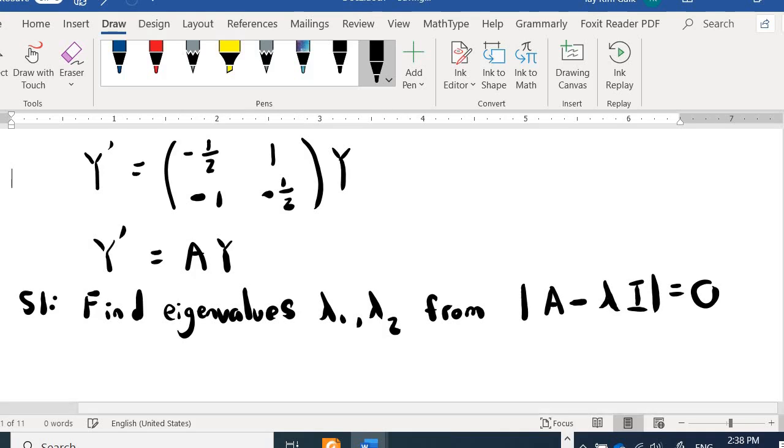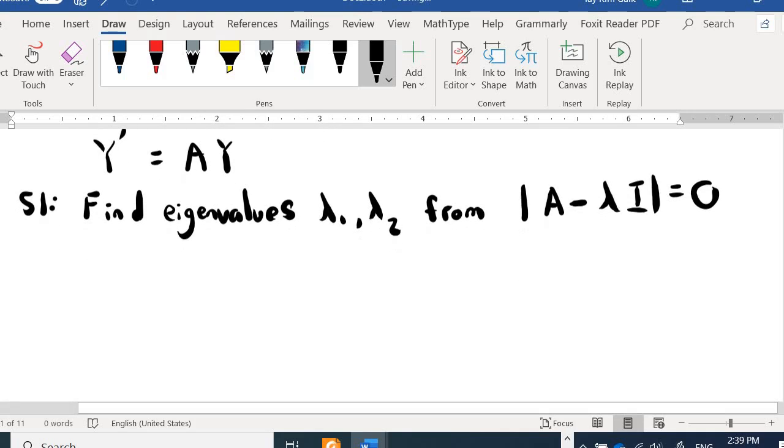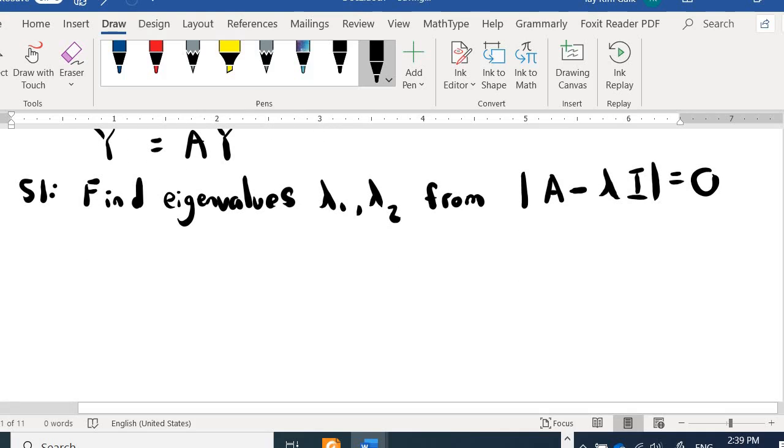Initially I showed this step by step, but maybe you didn't focus. At the beginning of the first lesson, before the semester break, I showed why it is the determinant of A minus lambda I, why you just deduct at the main diagonal, and why we solve from the determinant of A minus lambda I equal to 0.